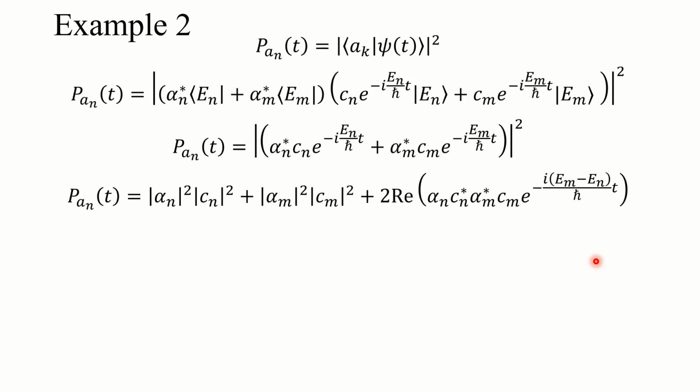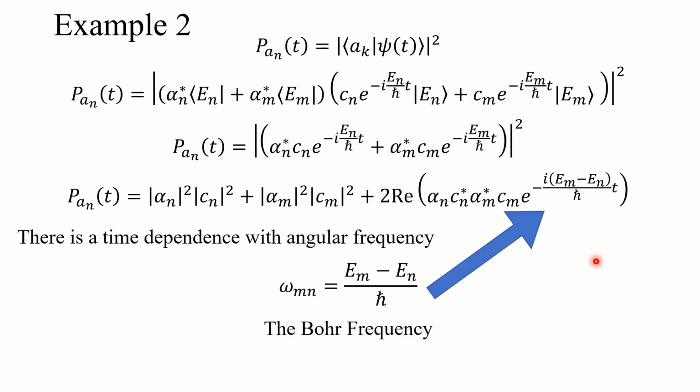So what we're seeing here is that there is a time dependence in the probability of this observable. This energy difference between the two energy eigenkets that the state was in, divided by h bar, is in units of angular frequency, and we call that the Bohr frequency. We'll see why in an upcoming lecture.